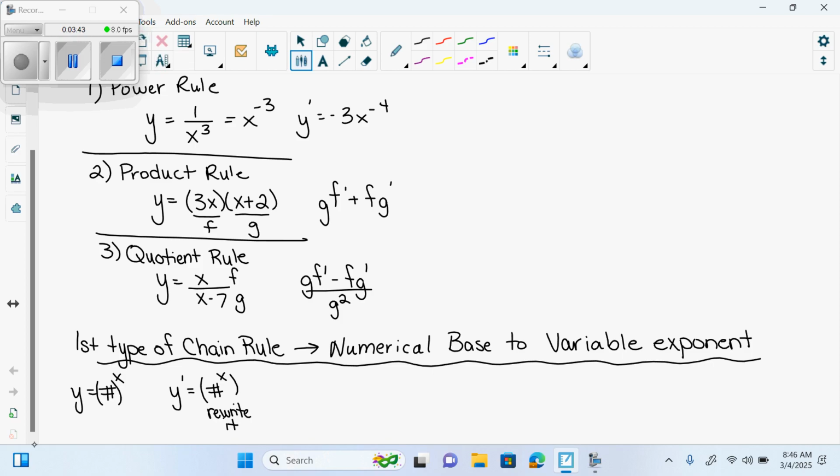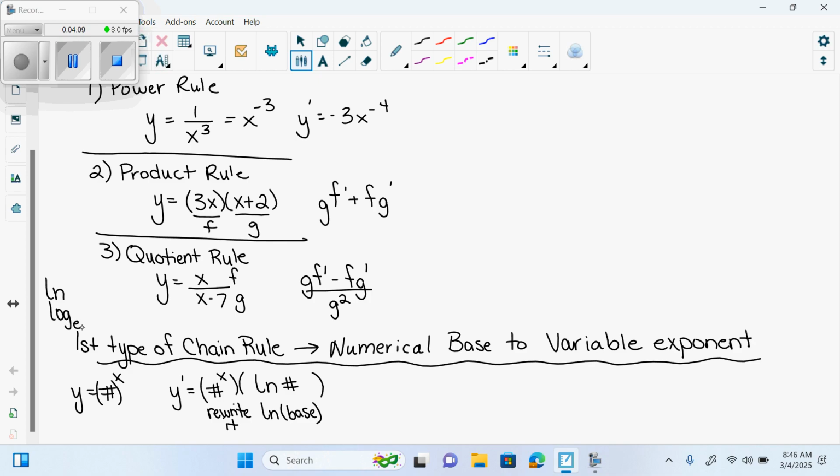Then the second chain is ln the base, ln the base. And ln, just so you know, is the same as saying log base e.